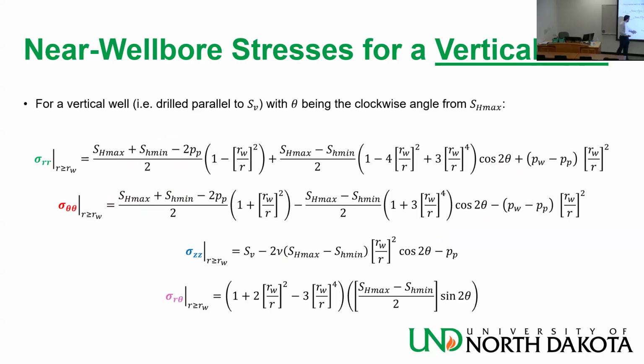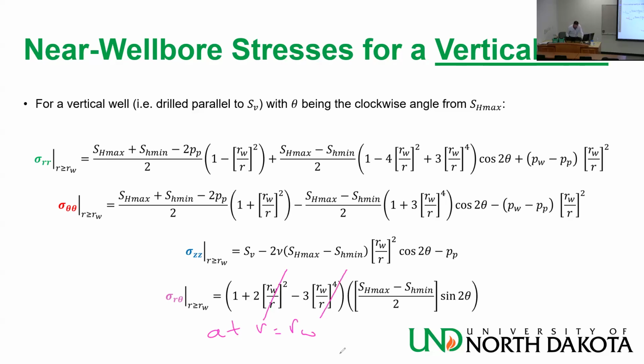Very similar to the rest, but now you have sine theta, sine 2 theta. That's fine. But I want to ask you something. Imagine, what if I do it at r equals rw? We use small r here, small r for rw. This will become 1.